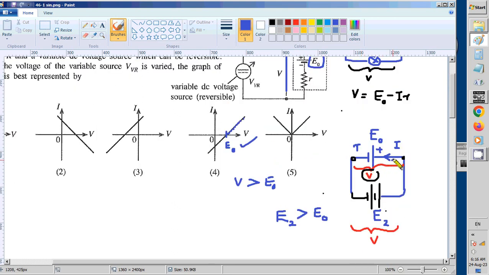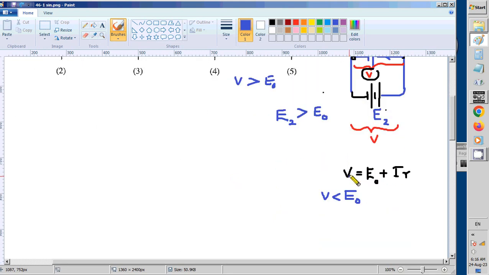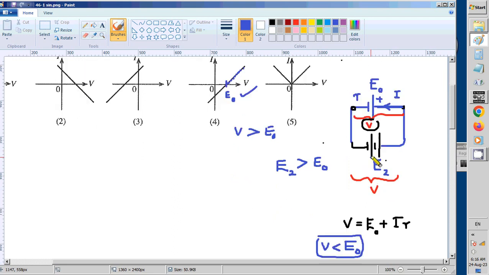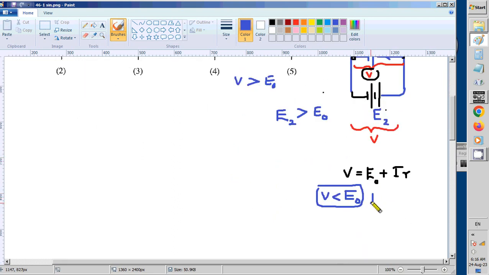Because we don't have the strength to push the current into the battery whose opposite pressure is E naught. So we have to overcome that to get a current through the battery. Therefore, if the external voltage is lower than the EMF of the battery, then we don't get any current. I equals 0.